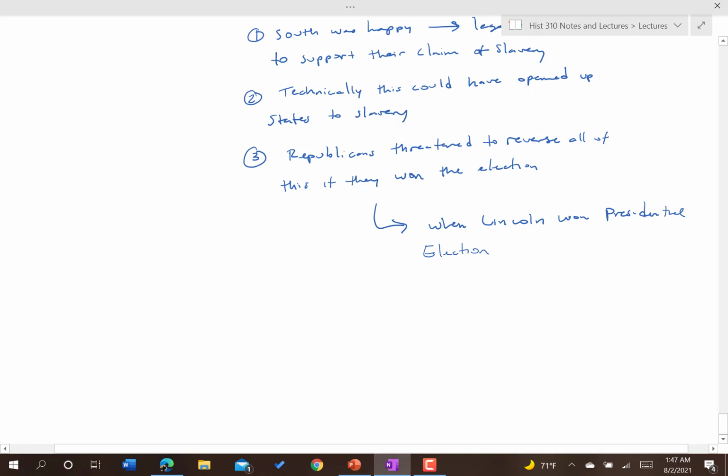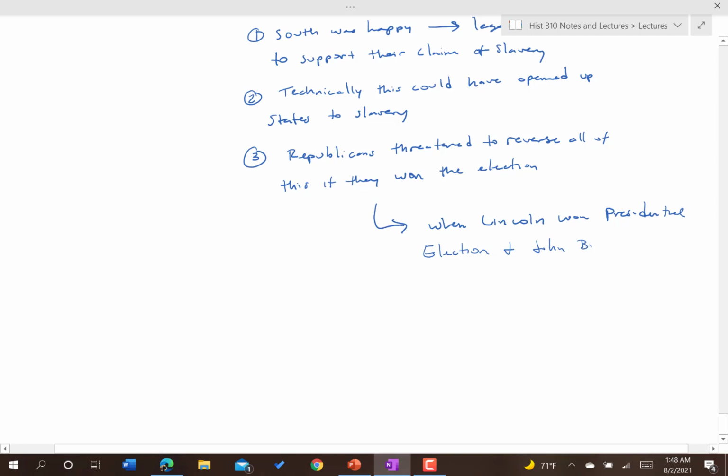He wasn't an abolitionist, but he wasn't for slavery. And they saw that along with John Brown's raid and the events of Bleeding Kansas, and all of this as a threat to them.